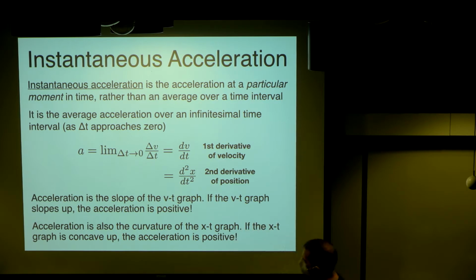So in calculus terms, we're taking the limit as delta t approaches zero of delta v over delta t. And if you've taken calculus, you know that's the derivative of velocity with respect to time. So acceleration is the derivative of velocity with respect to time.